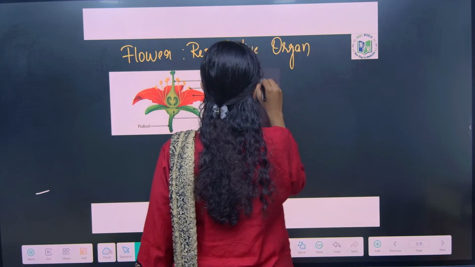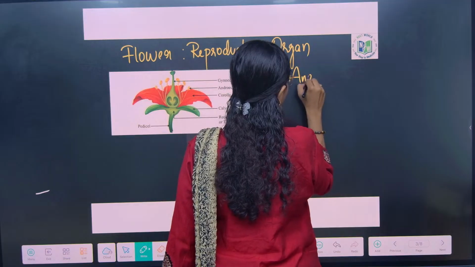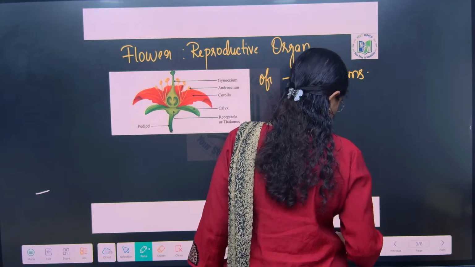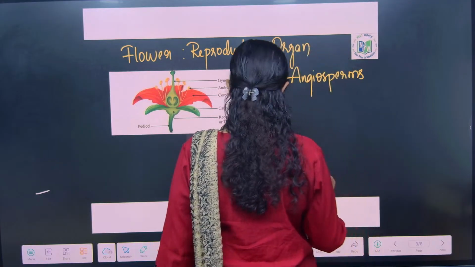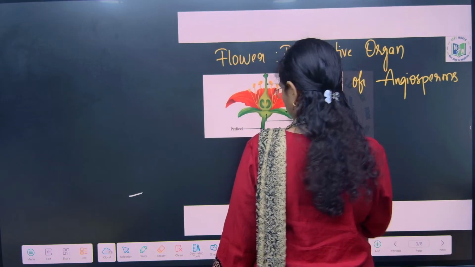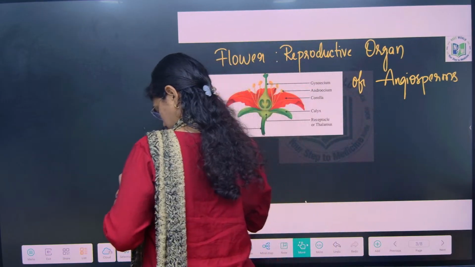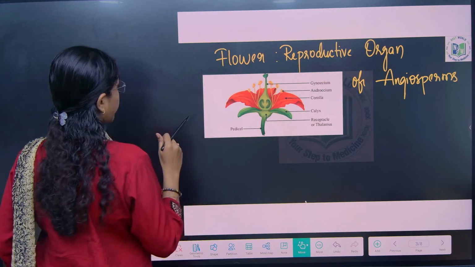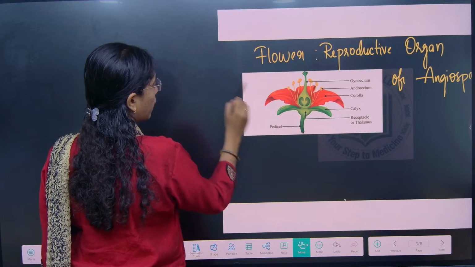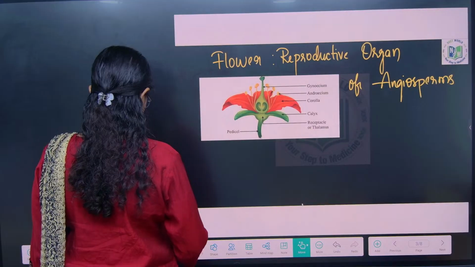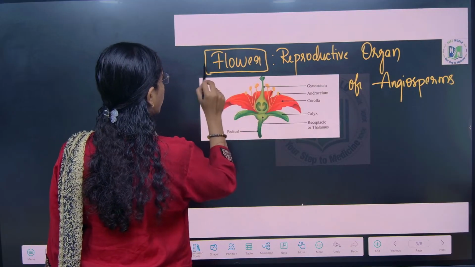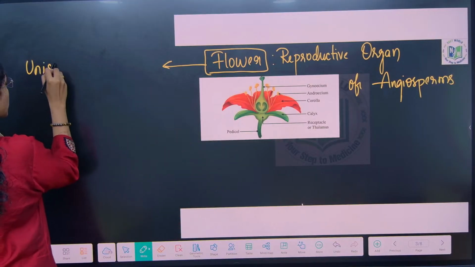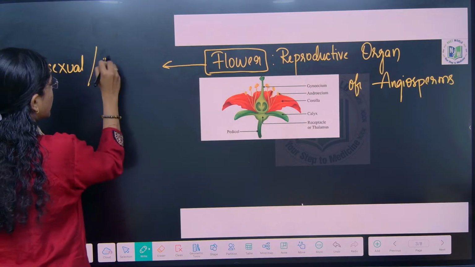And this flower can be unisexual or bisexual.